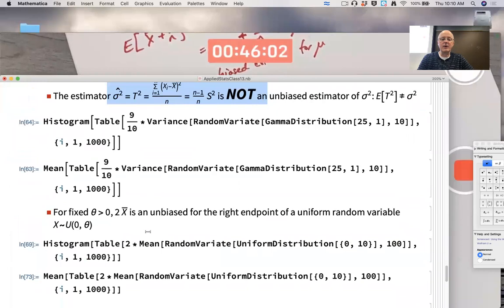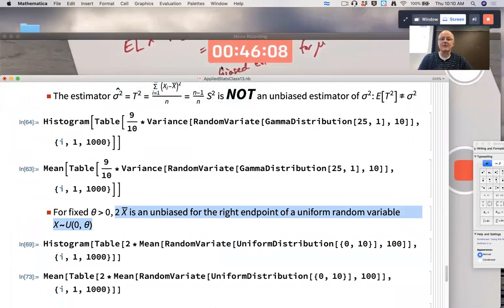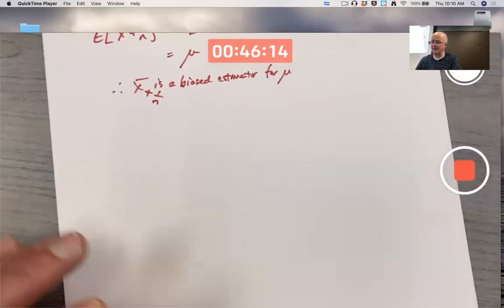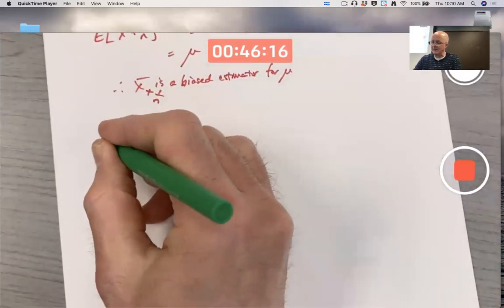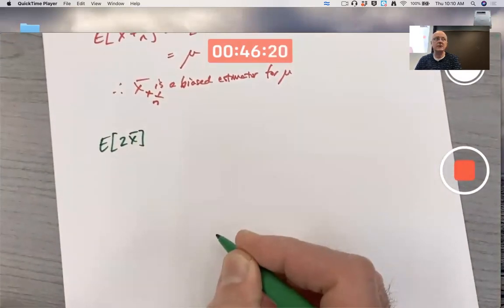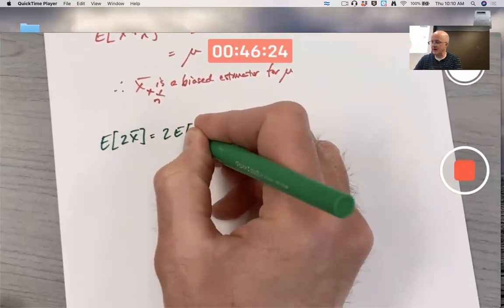Let's go back to our uniform distribution. We saw 3 weeks ago that 2 times x bar was unbiased. Let's redo the proof of that. What's the expected value of 2 times x bar in the case of a uniform distribution? By linearity, that's 2 times the expected value of x bar.